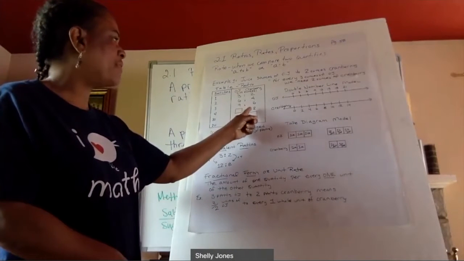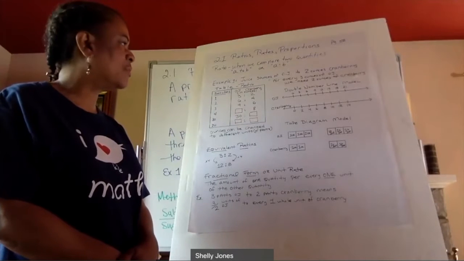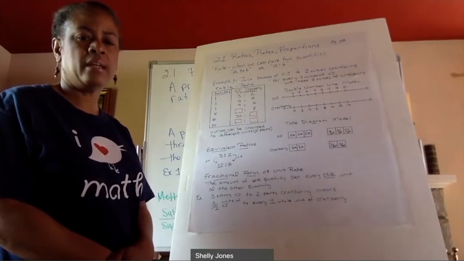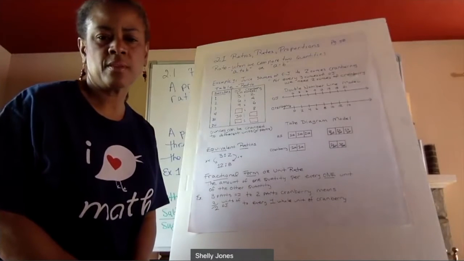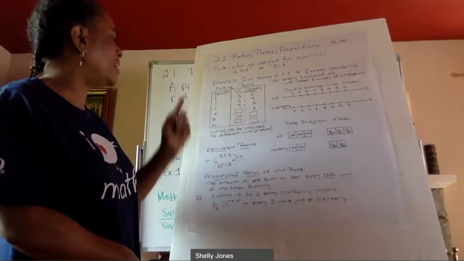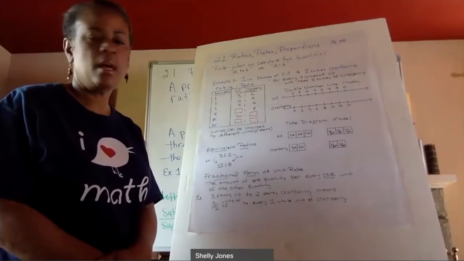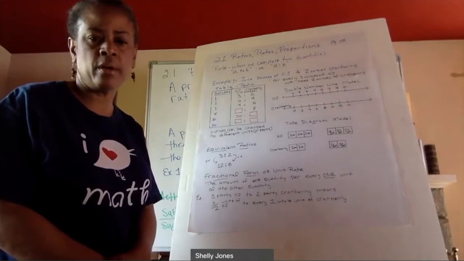It tells me that I have 8 ounces of cranberry. How many ounces of orange juice would I need? Okay, I see a lot of people saying 12 to 8. All right, what about 10 batches? If I have 30 ounces of OJ, how many ounces of cranberry do I need? 20.